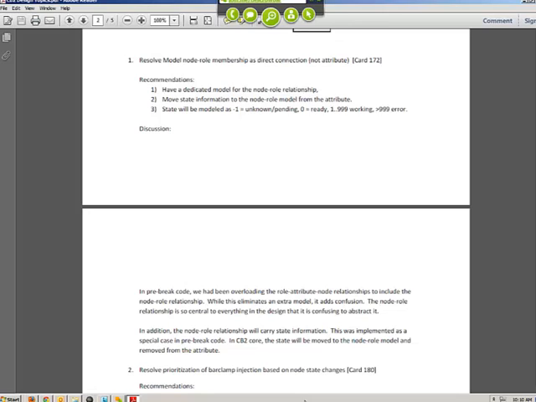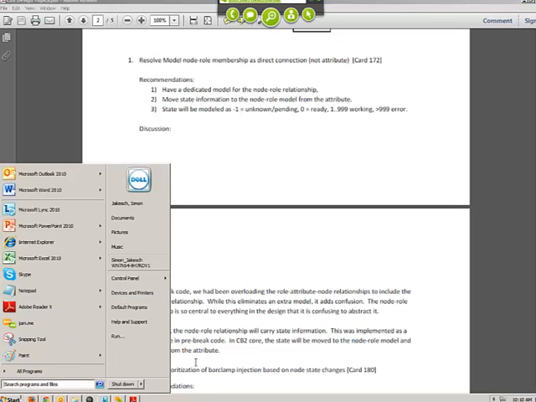I'm recommending that we move back to a more explicit node role membership relationship. One of the things that we did learn was that state needs to be carried on that relationship. So that relationship is not just a simple relationship. It's actually a state-bearing relationship.